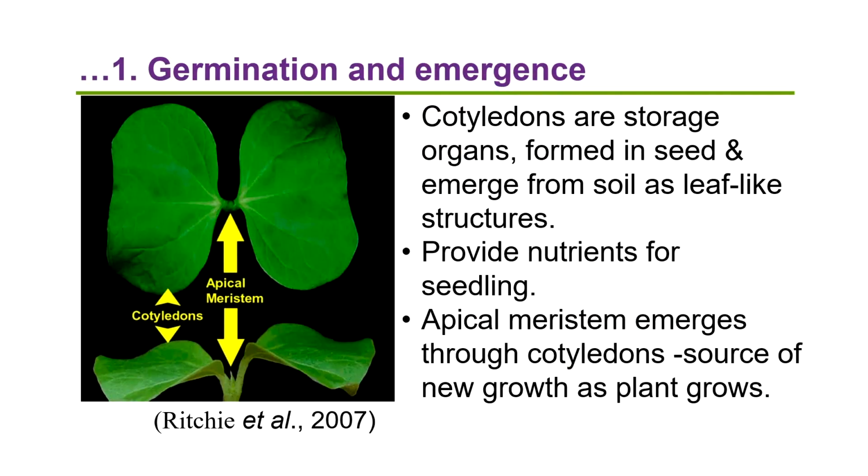Now you can see the cotyledons and apical meristem part. Here you will have the apical meristem part, which will be responsible for further growth, and you can see clearly the apical meristem region here. So it will be responsible for increase in height or other features of this crop, and these are cotyledons. So this one is a cotyledon and this one also a cotyledon.